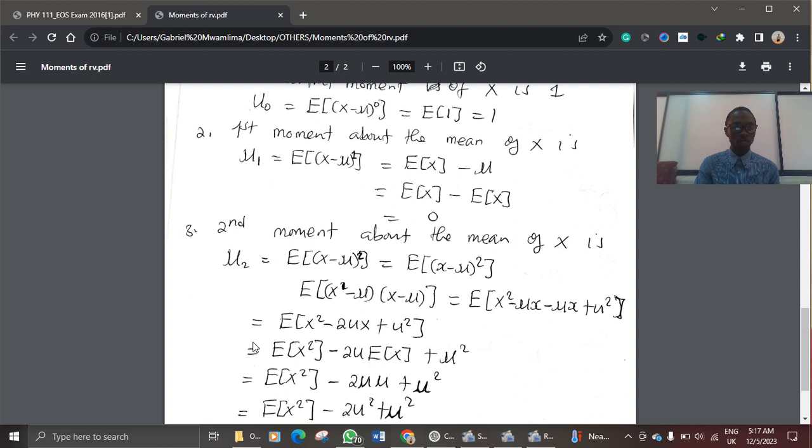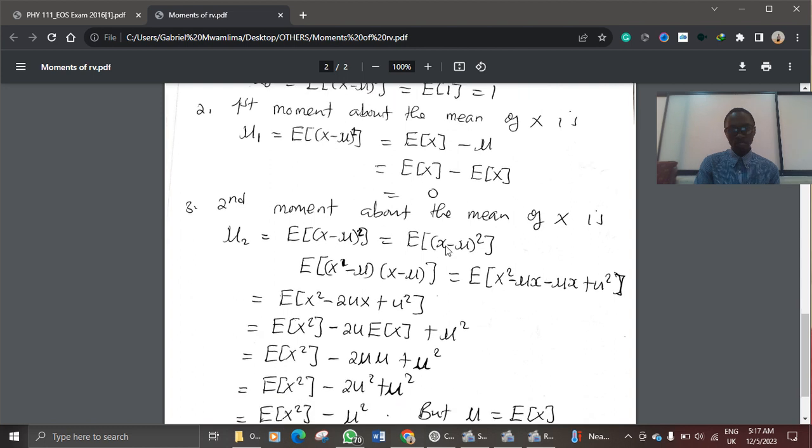We can expand this, writing the two factors, x minus mu, x minus mu. Multiply x times x, you have x squared. x times negative mu, you have negative mu x. Negative mu times x, you have negative mu x, and negative mu times negative mu, you have positive mu squared. The like terms in the middle you add, so we have negative 2 mu x.